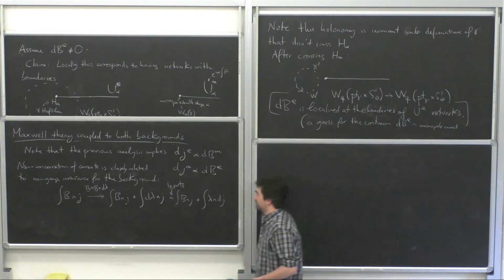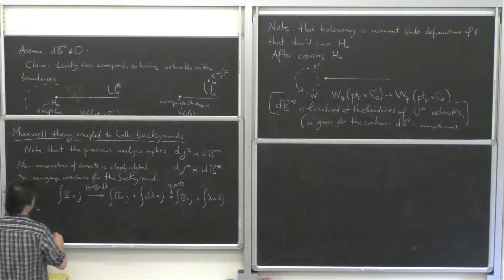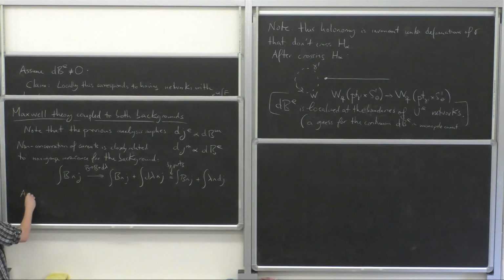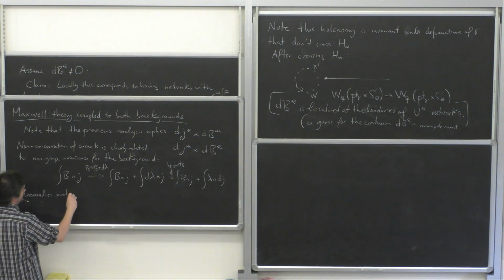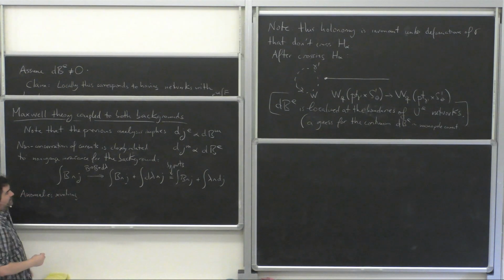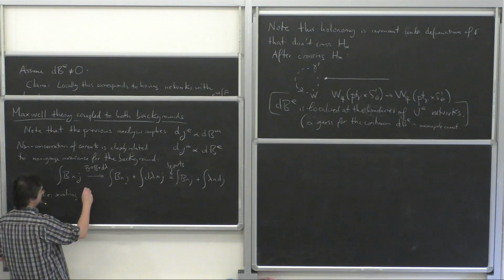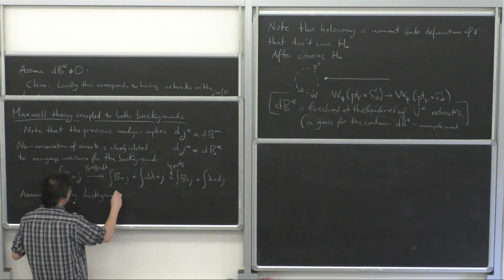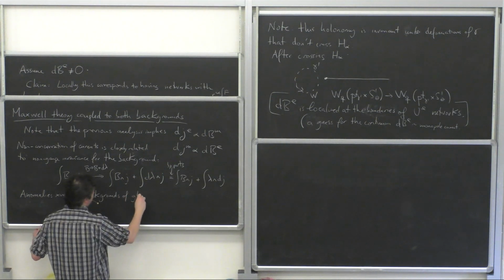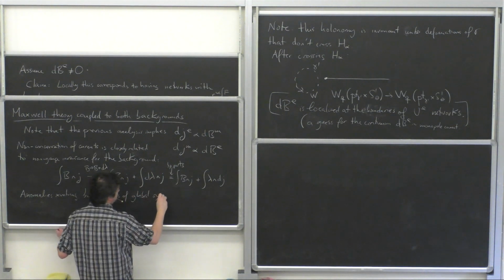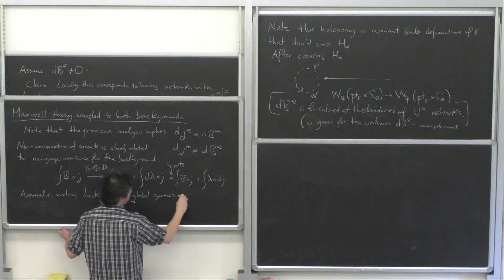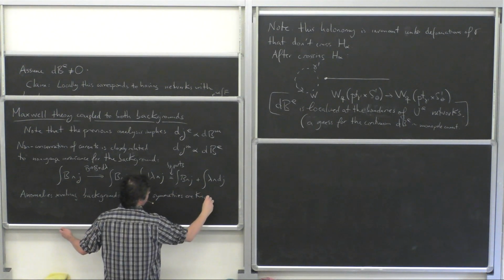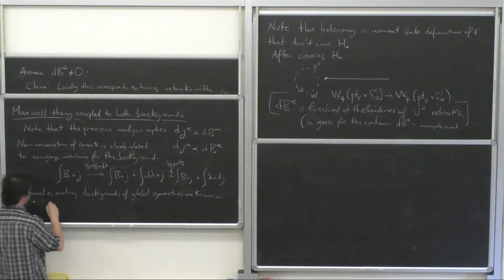So the technical term for such an anomaly in a global symmetry, meaning that the theory is not invariant under gauge transformations of backgrounds of the symmetry, these are known as 't Hooft anomalies.